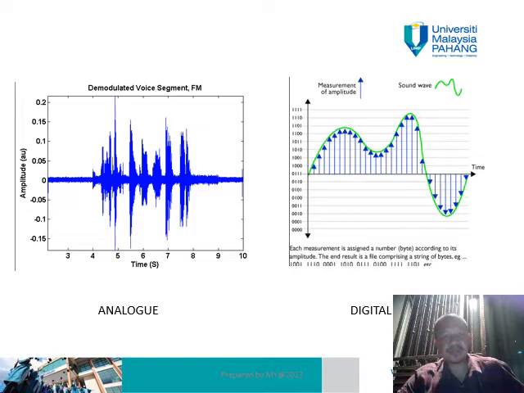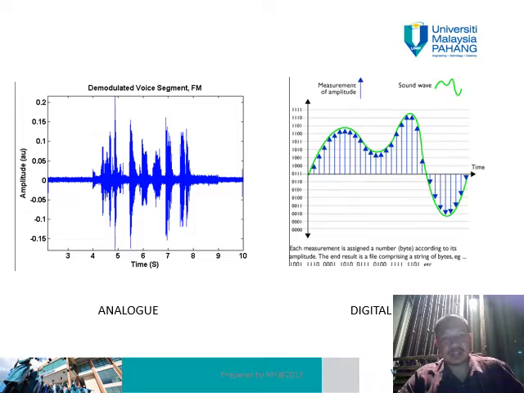Okay, the message can be in the form of analog or digital. We have the human voice just now. From the voice, using the mic, we convert the voice into an electrical signal in the form of an analog signal.